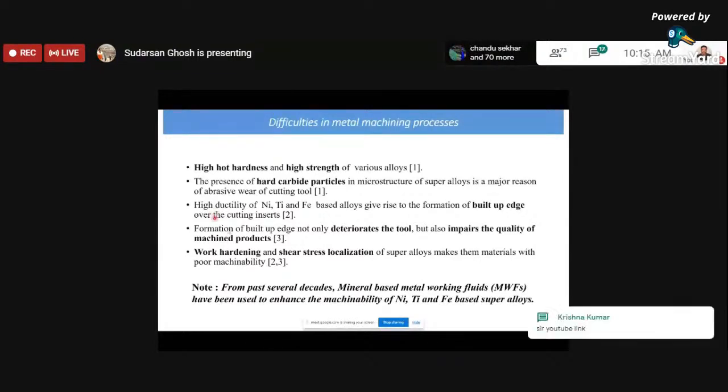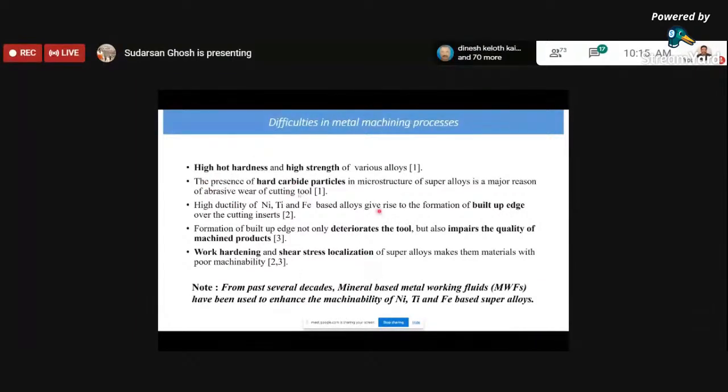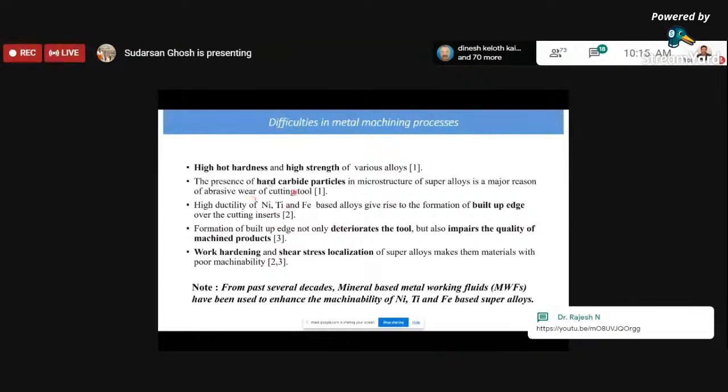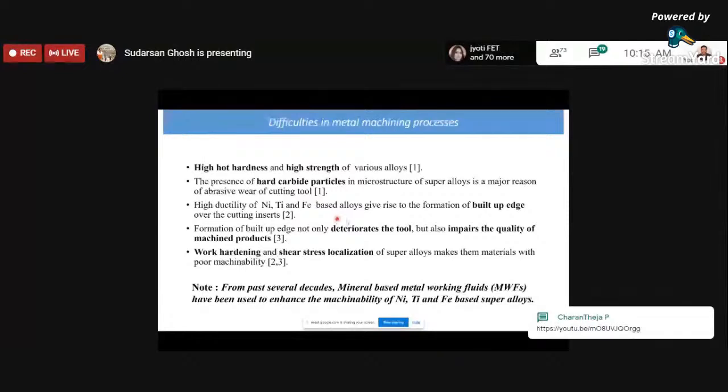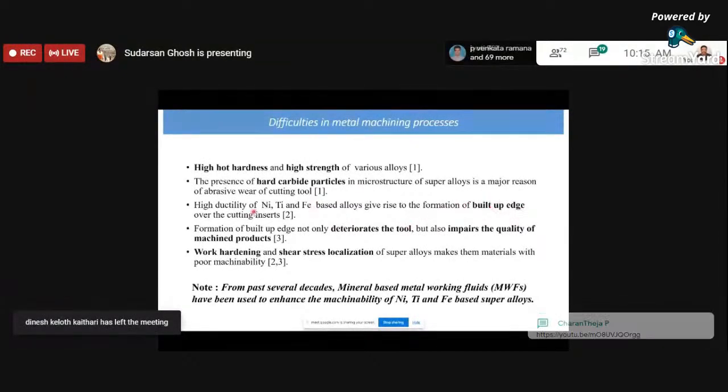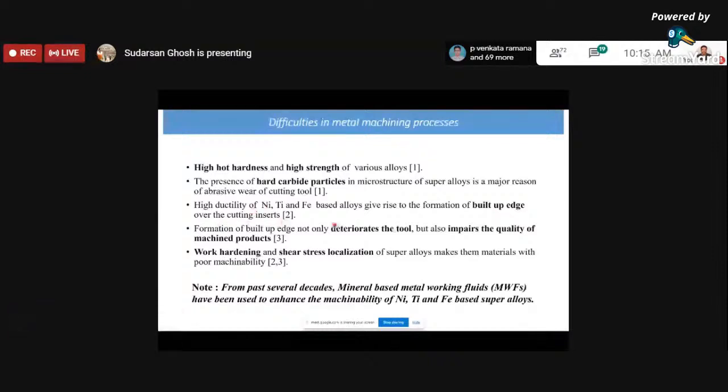Now, there are other issues other than this abrasive wear of the cutting tool. These super alloys, which may be nickel based or titanium based, or sometimes also iron based, also form what we call built-up edge on the cutting inserts. Once this built-up edge forms, the geometry which we have given to the cutting tool gets lost.